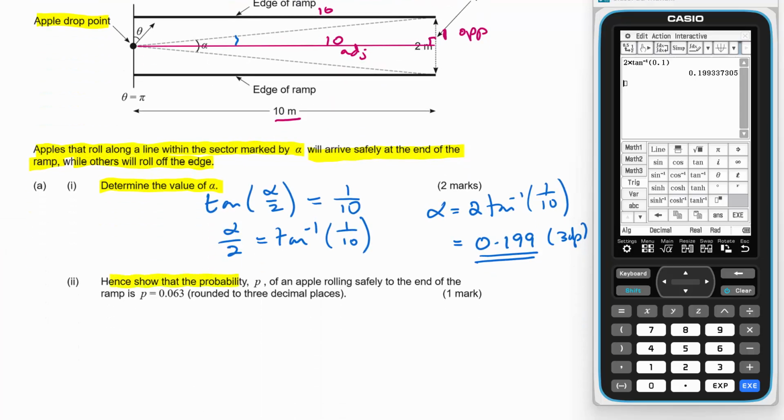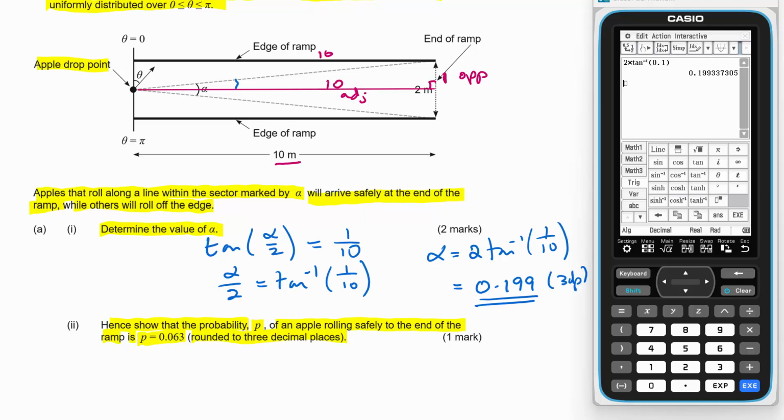Hence show that the probability, P, of an apple rolling safely to the end of the ramp is 0.063, rounded to 3 decimal places. Now we're told that the angle theta is distributed uniformly over 0 to pi. Therefore, our probability is just going to be alpha over pi.